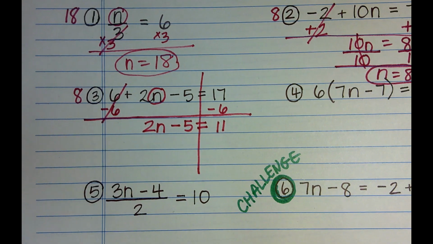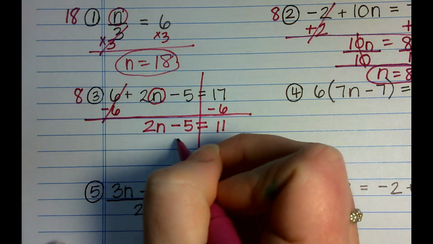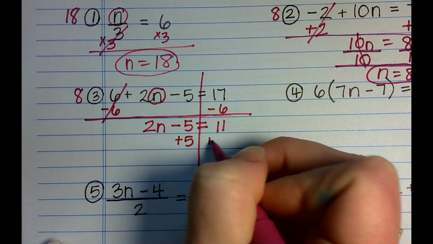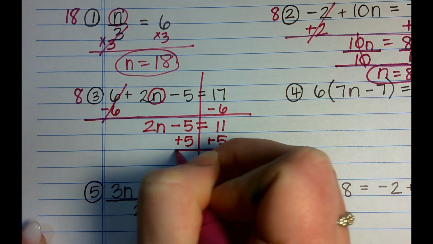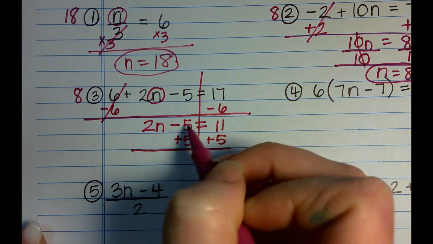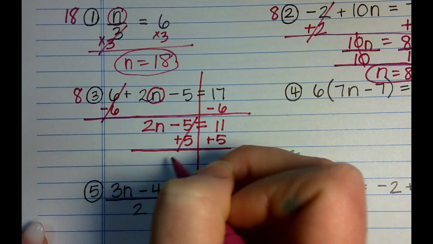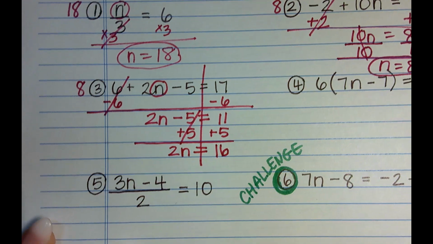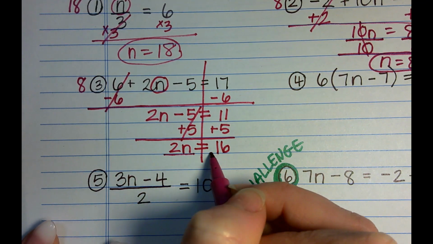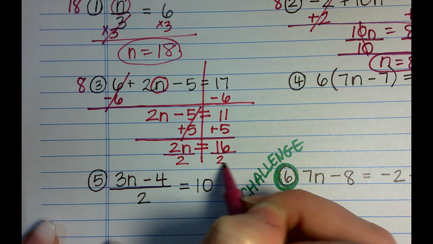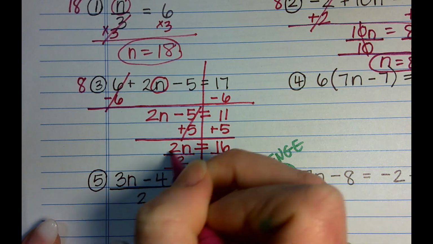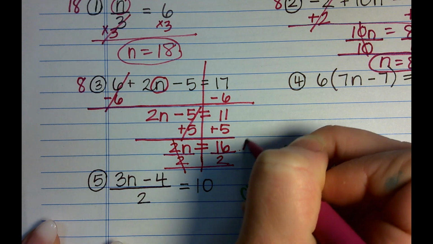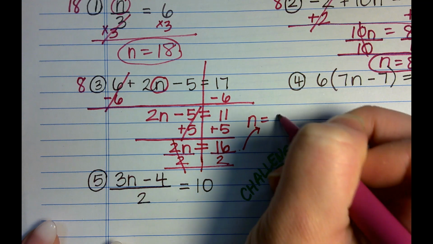Now add 5 to 11. Now you get 16. 2n equals 16. Now divide by 2 on each side. You get 8. And that is correct. n equals 8.